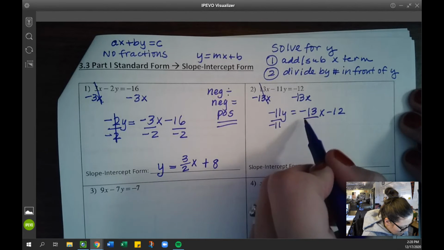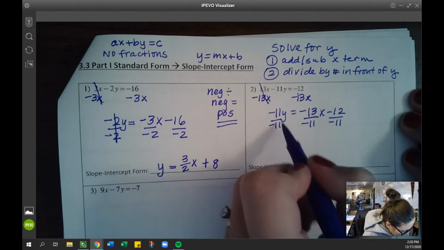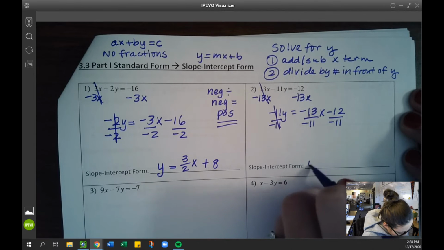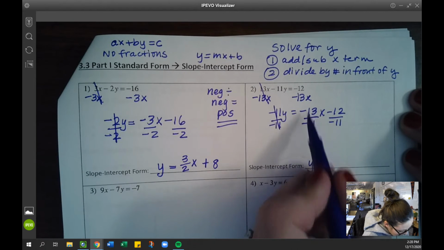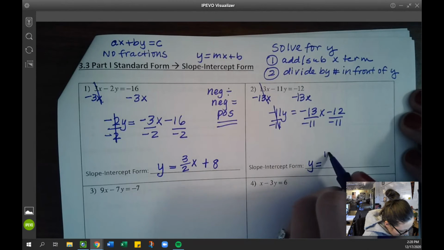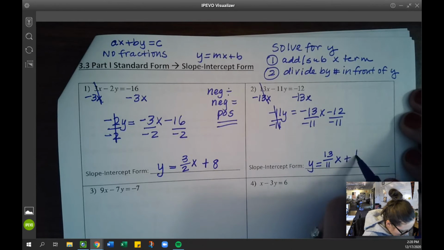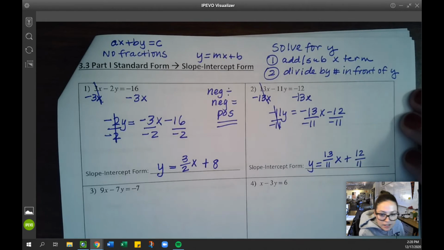Divide everything by negative 11. That one's out, so I have y equals, I can't do 13 divided by 11 evenly, but I do have a negative over a negative, which really means it's positive. Same thing with 12 over 11. So I'm just going to leave it as 12 over 11. That would be slope-intercept form.